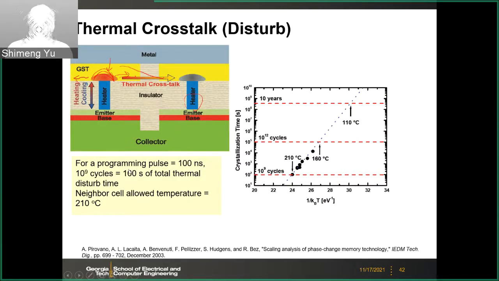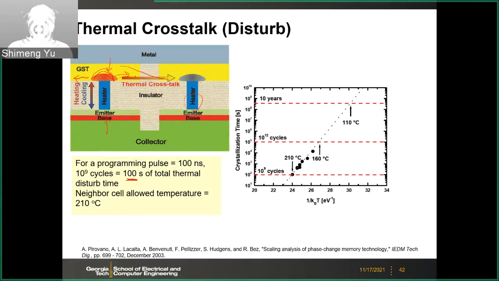So let's have an example here. If the programming pulse width is 100 nanoseconds, and if you keep doing programming for this cell for 10 to the power 9 cycles, so totally you accumulate 100 seconds of total thermal disturbance time from this cell. So you keep doing this for 100 seconds, and for the neighboring cell, 100 seconds.